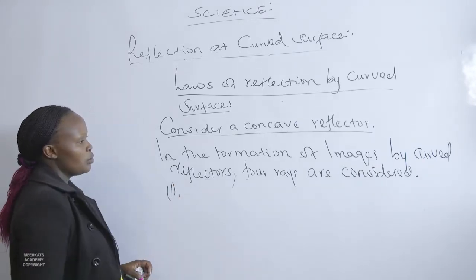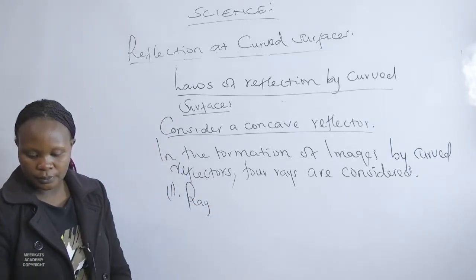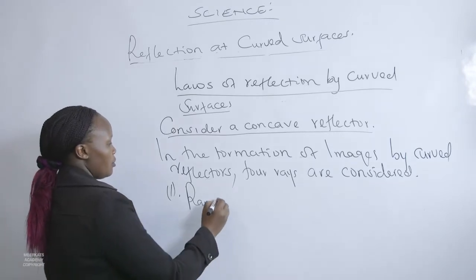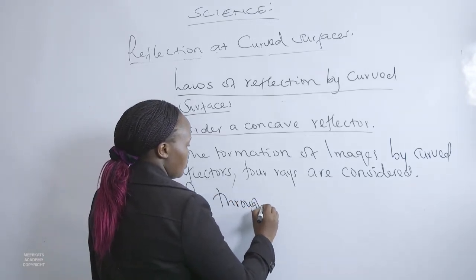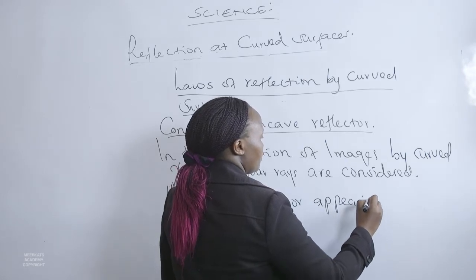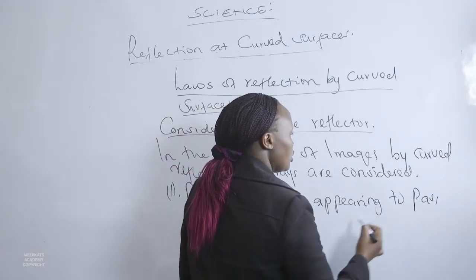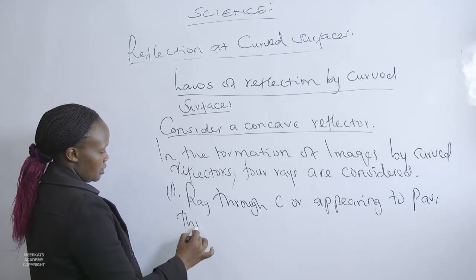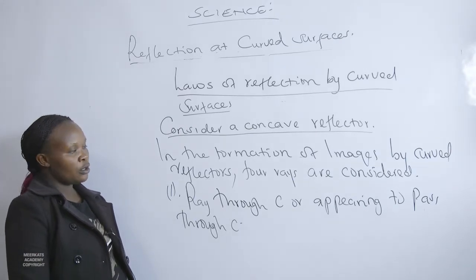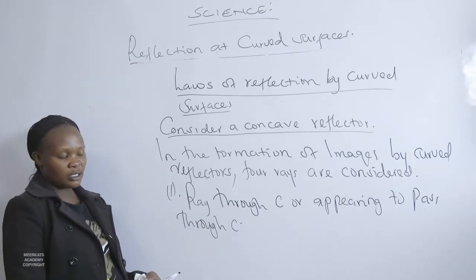Number one, we have a ray through C, or appearing to pass through C. We have a ray through C, or appearing to come from C to pass through C for a convex reflector.